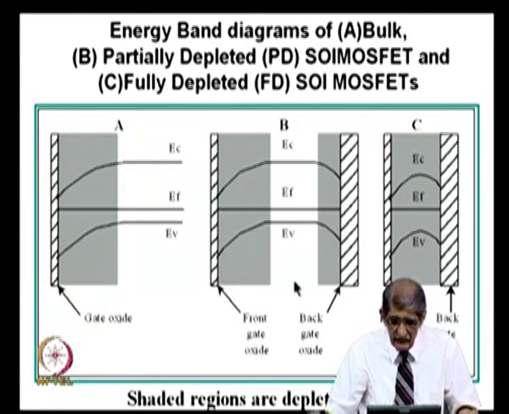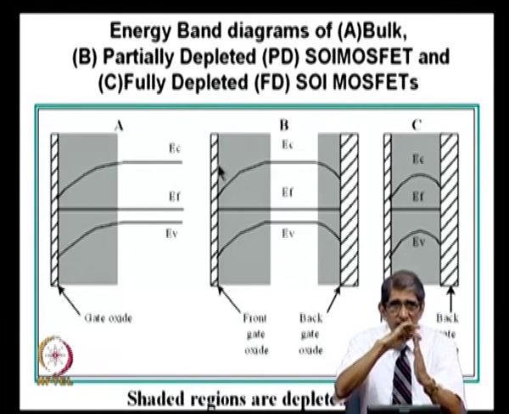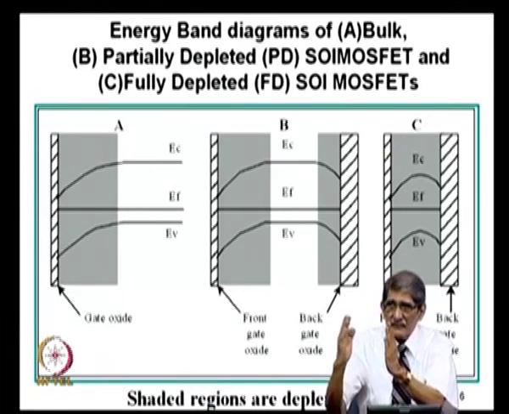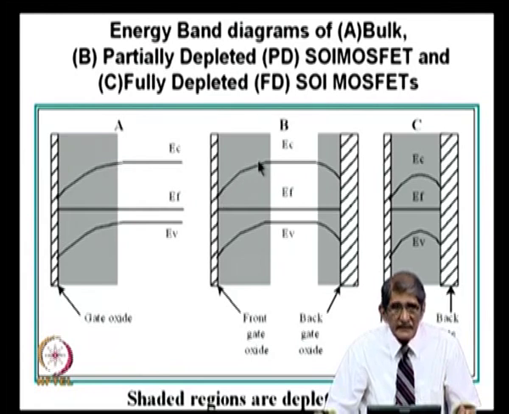So, this is the MOSFET now. I put it like that: front gate, oxide, silicon, back gate oxide, back gate. You have got the partially depleted case; this is oxide, this is the depletion layer. So, please remember, wherever a depletion layer is present, band bending takes place, plus to minus.